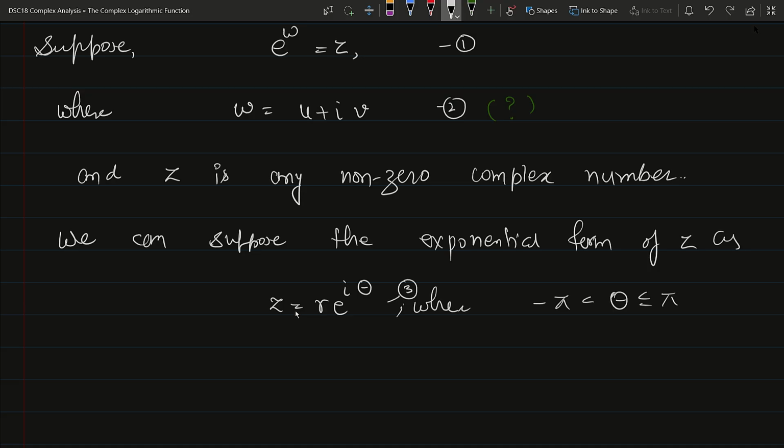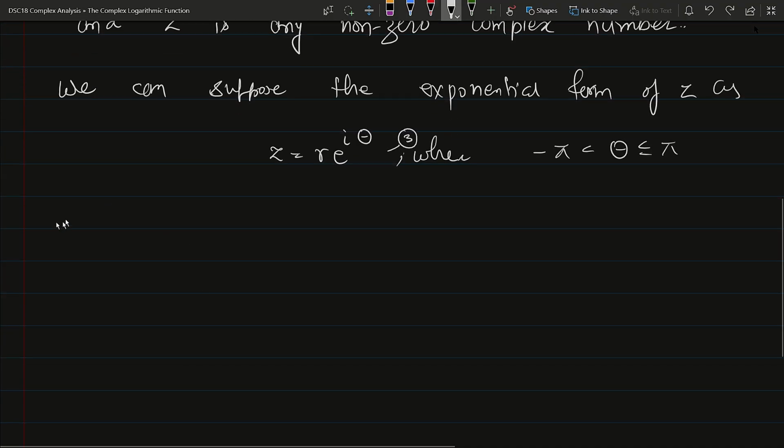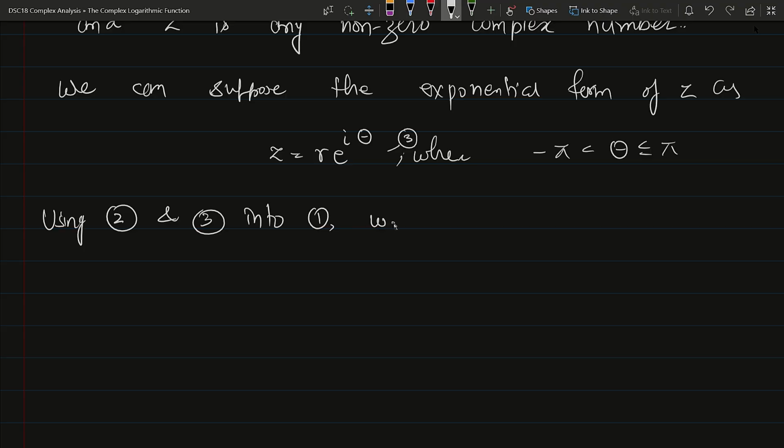Okay, now the moment we have this representation for z and this representation for w, then if we plug in 2 and 3 into 1, we have that e to the power u plus iota v is equal to r e to the power iota uppercase theta.